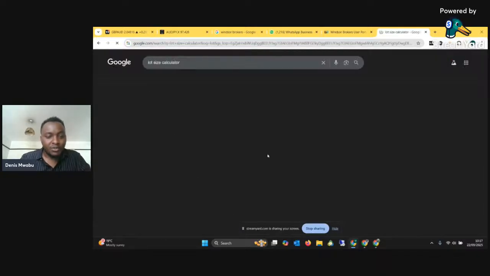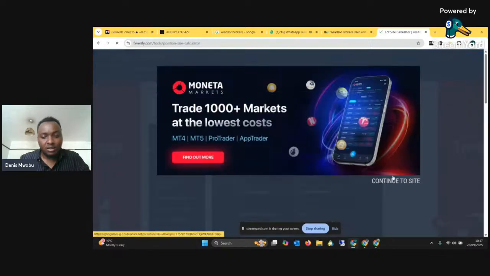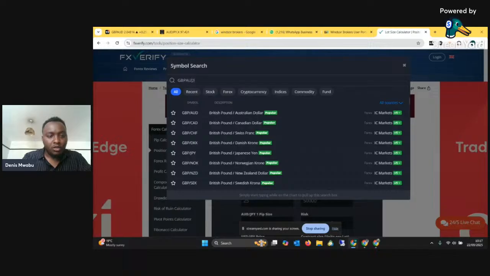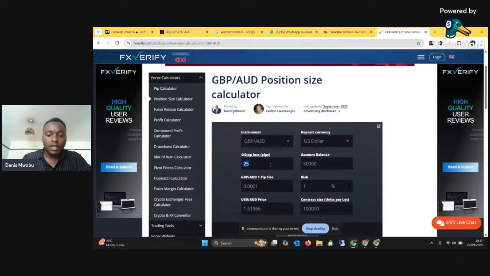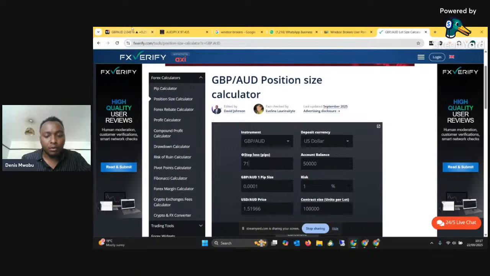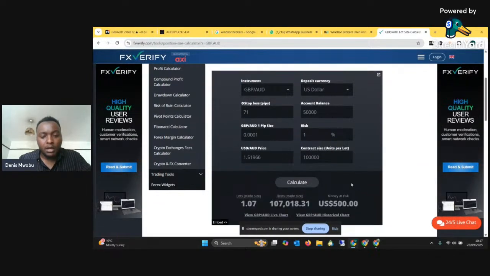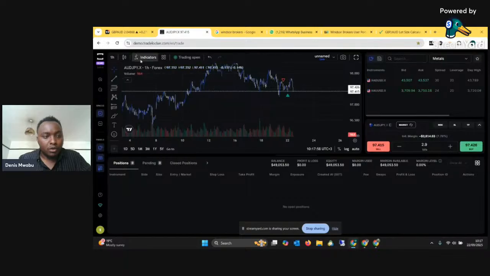Using the calculator, taking a look at GBP AUD. When I take a trade, it's not guaranteed that it's going to be profitable. As you can see, I'm risking only 1% of my account. So my lot size here will be 1.07 on GBP AUD.